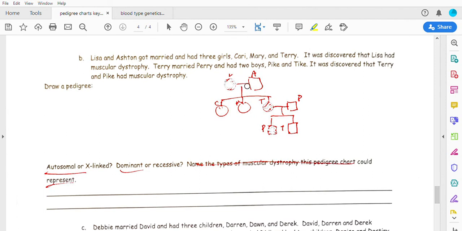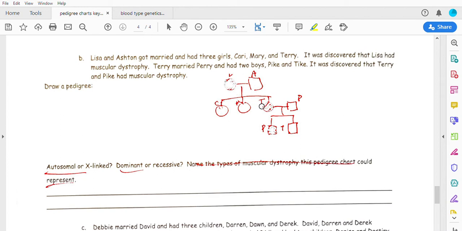Here we have Lisa married Ashton and had 3 girls, Carrie, Mary, and Terry. It was discovered that Lisa had muscular dystrophy, so this is supposed to be colored in here. Okay, Lisa's covered in here.